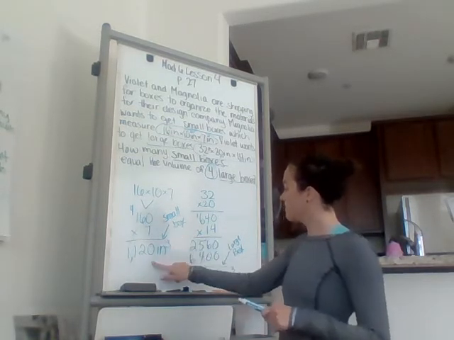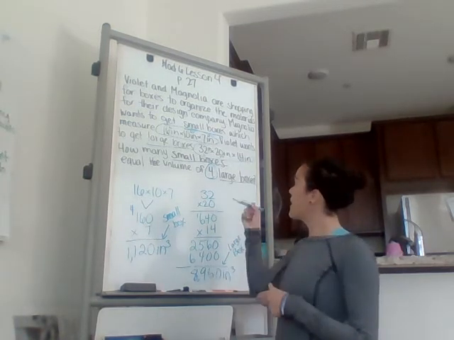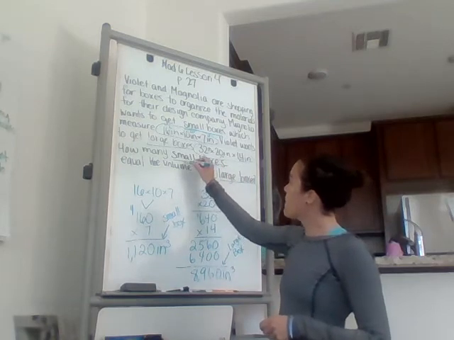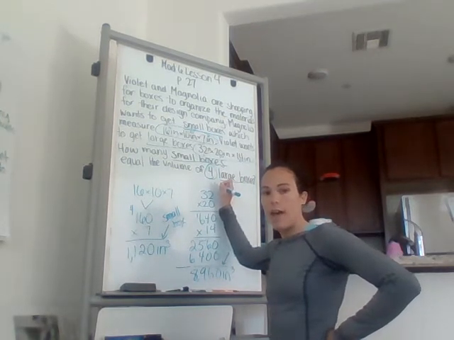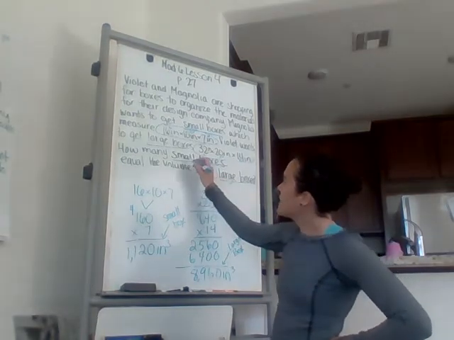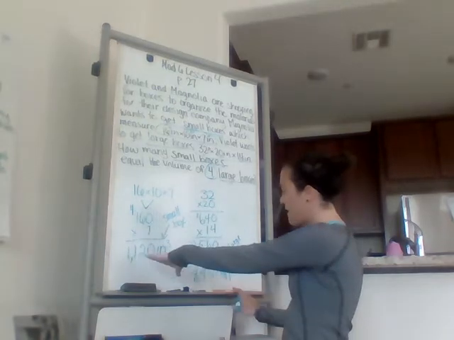So small box, large box. I know that in my final answer, I'm trying to figure out how many small boxes fit into 4 large boxes. But to do that, I'm going to start by figuring out how many small boxes go into just 1 large box by dividing my numbers.